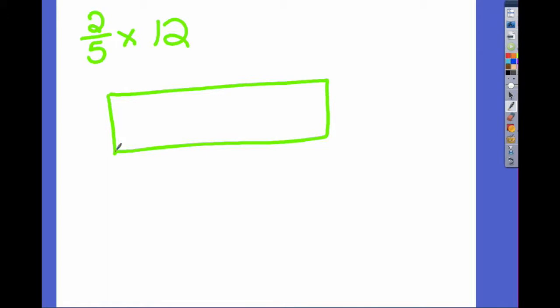Okay, so 12 is going to go on top. That's what this whole thing equals. And number 3, how many boxes am I going to have? Okay, 5.